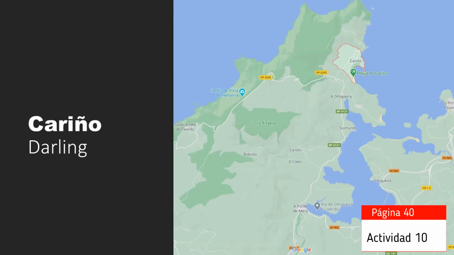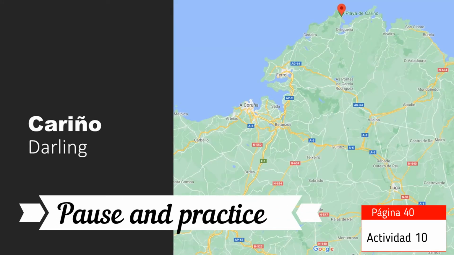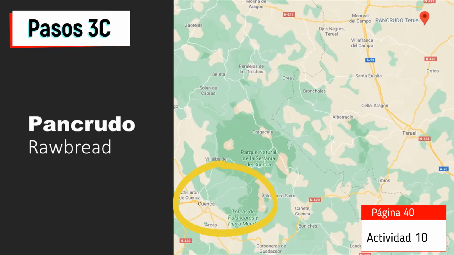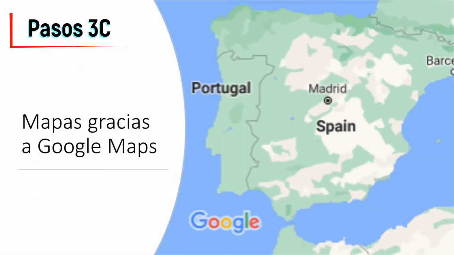We have cariño, which a lovely word. That means darling, which is cerca de La Coruña. And finalmente, we have pan crudo, which is cerca de Cuenca. Bien. Now I hope that you enjoyed having little imaginary conversations about where somebody is and enjoyed those chistosos nombres de los pueblos.